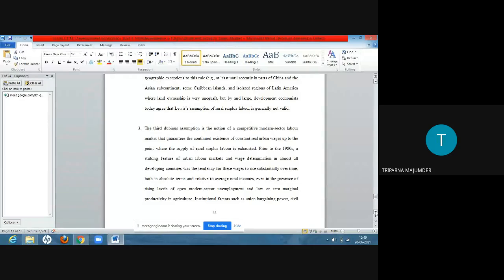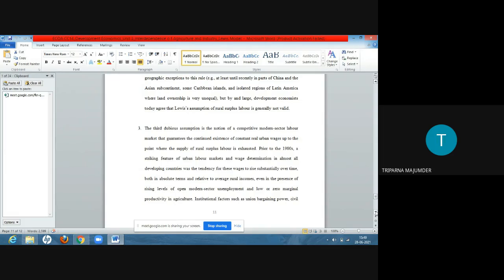Prior to the 1980s, a striking feature of urban labor markets and wage determination in almost all developing countries was the tendency for these wages to rise substantially over time, both in absolute terms and relative to average rural incomes, even in the presence of rising levels of open modern sector unemployment and low or zero marginal productivity in agriculture.